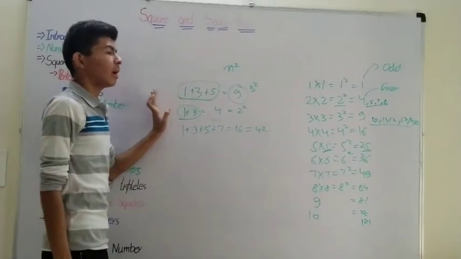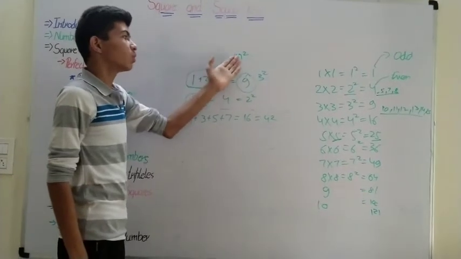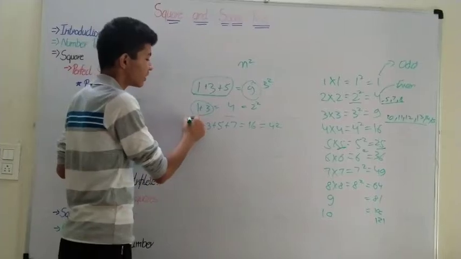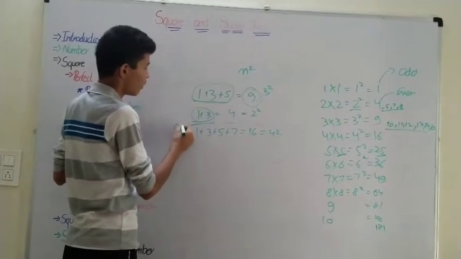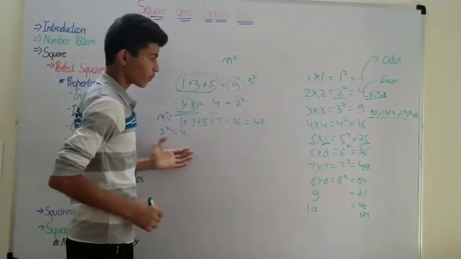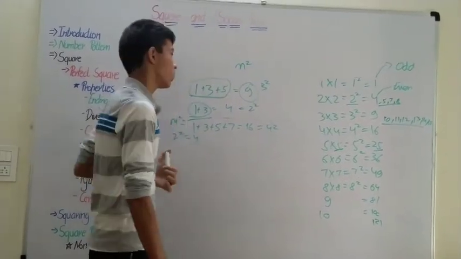So if I am using the first 3 odd numbers, the answer would be 3 square, and if I am taking the first 2, then our answer is 2 square, that is 4. So this is the sum of the first odd numbers.